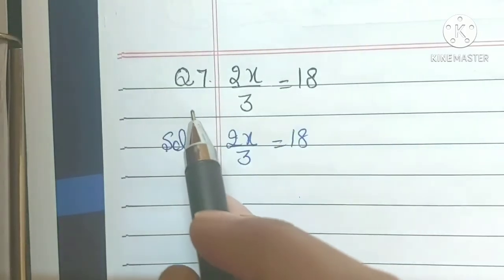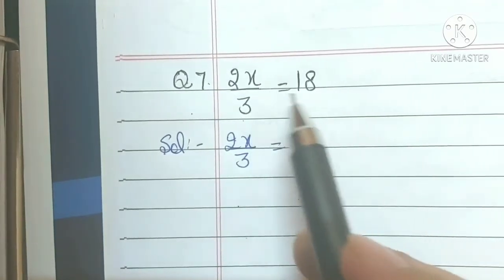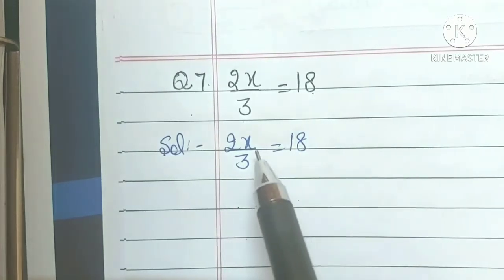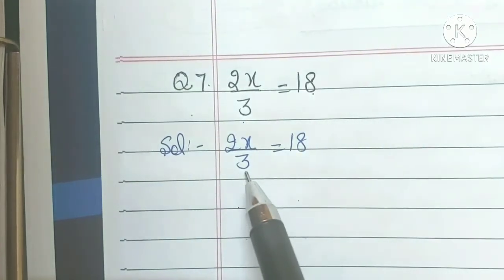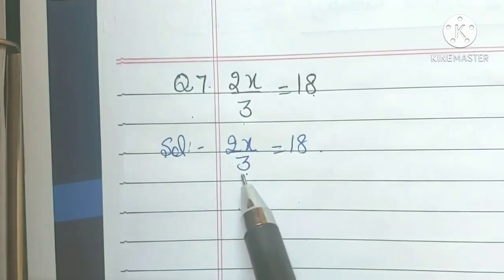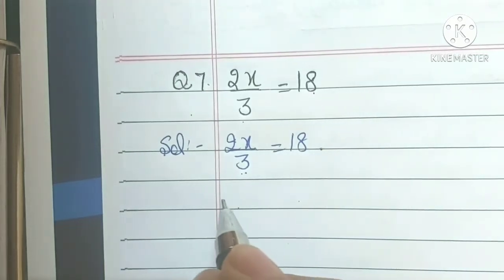7th part of the question. Now the equation is 2 upon 3 x equals 18. So if I want to find the value of x, I need to transpose this 3 to the right hand side, because it is in the denominator, so it will be multiplied with 18 on the right hand side.